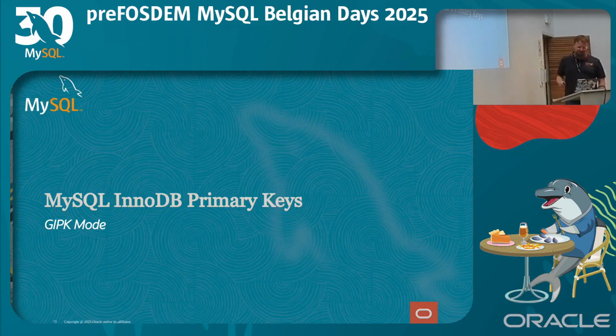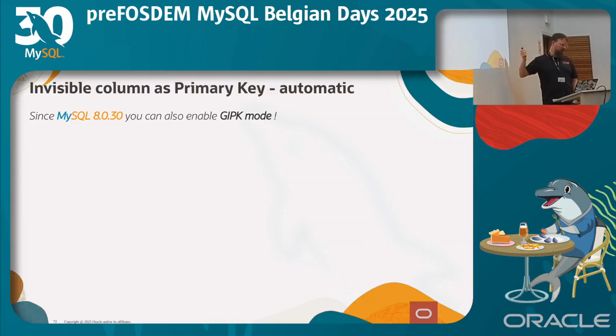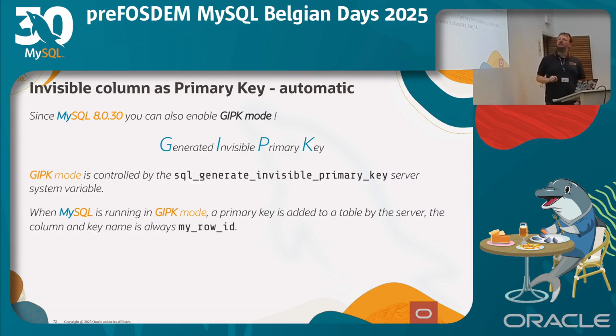So what we did in MySQL, and this is what we have in OCI, is the GIPK mode. Since 8.0.13, you can enable GIPK mode for generated invisible primary keys. We love to do strange stuff with InnoDB, but we are very good at making the longest settings variables ever, and you will see I have even funnier ones than this.